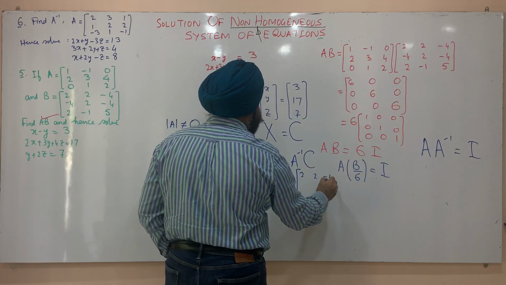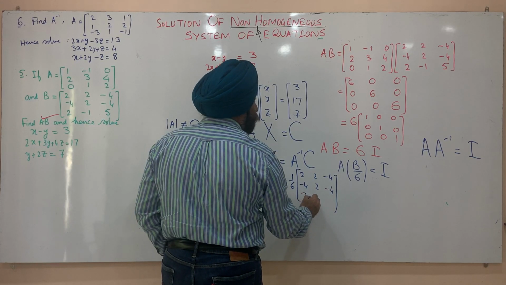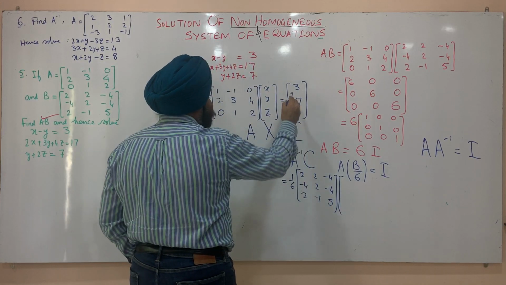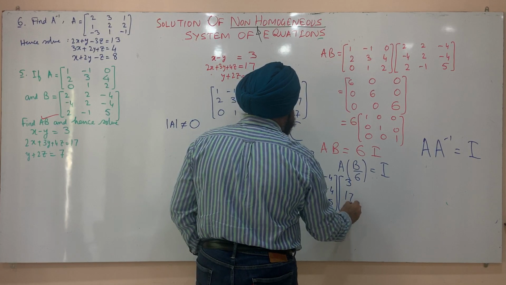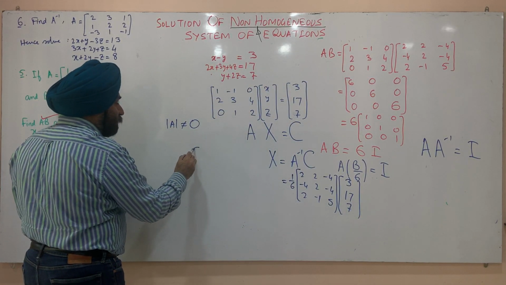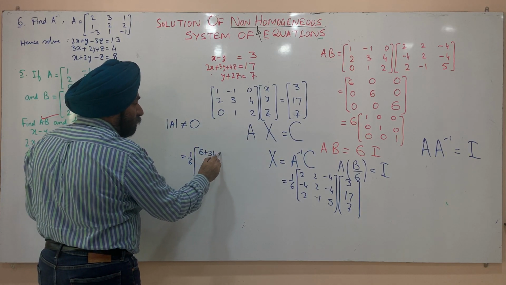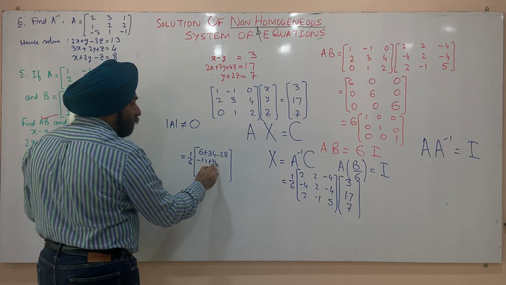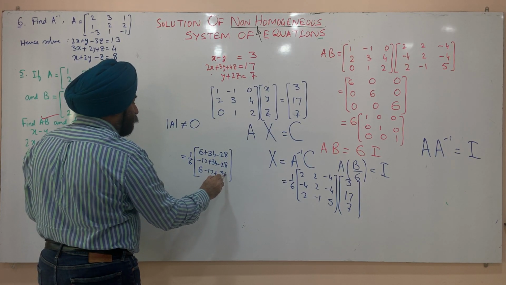B is that matrix: 2, 2, minus 4, minus 4, 2, minus 4, 2, minus 1, 5, into C. C is this column matrix 3, 17 and 7. This is 1 by 6 times: 6 plus 34 minus 28, minus 12 plus 34 minus 28, 6 minus 17 plus 35.